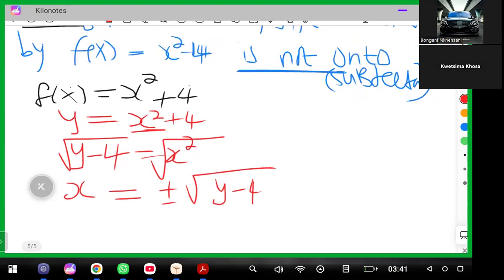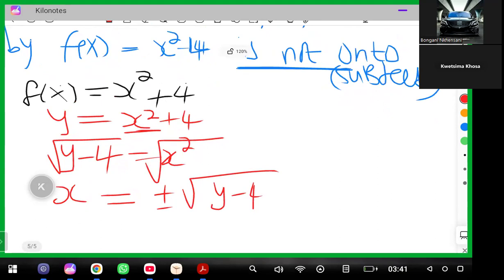So this is not going to be surjective. This will be an element of real numbers if and only if y is greater than or equal to 4.